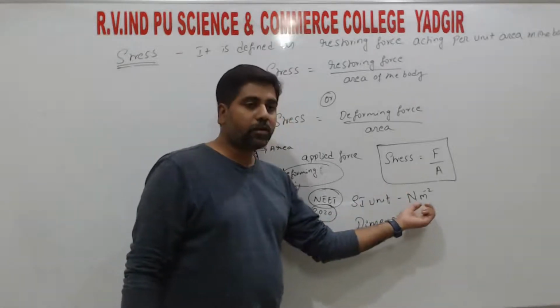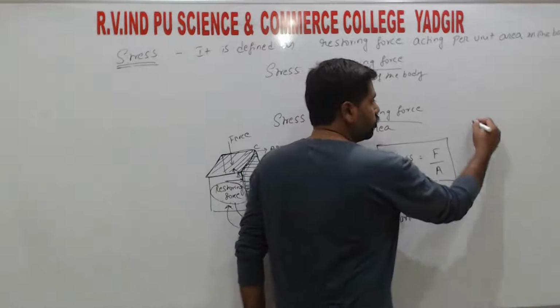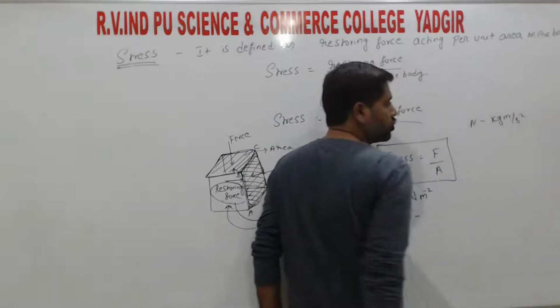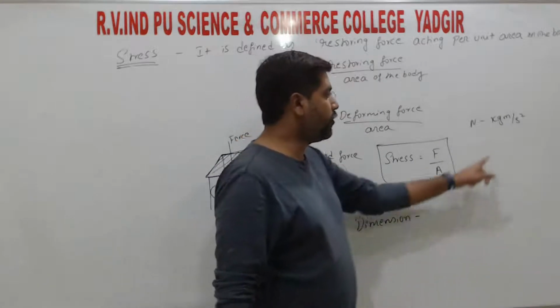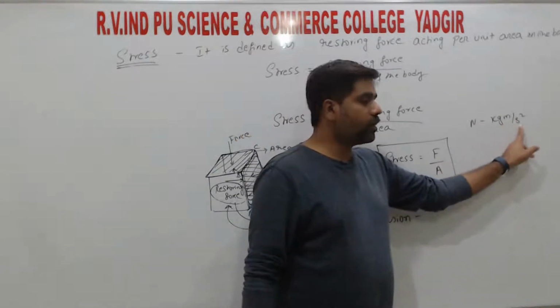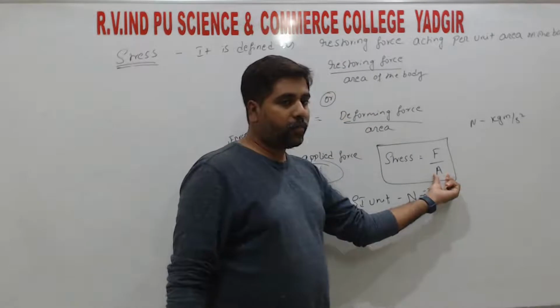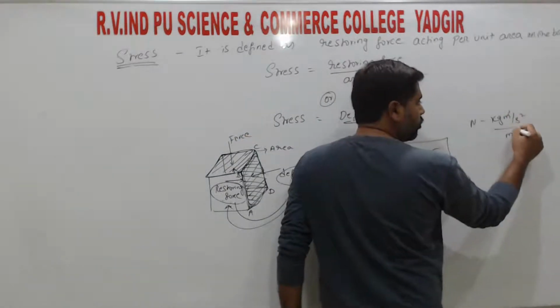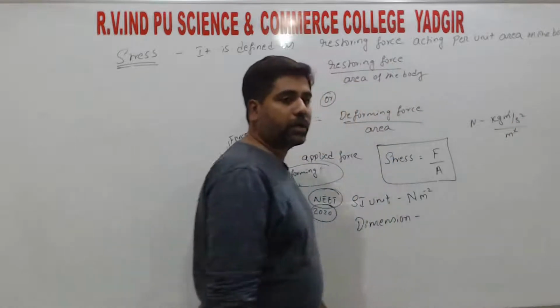What is the SI unit of Newton? Newton is kg meter per second square, right? So we define Newton as kg meter per second square divided by area, that is again meter square. So one meter in the numerator and one meter in the denominator get cancelled.